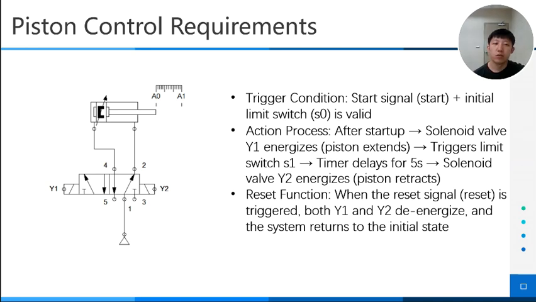When the piston touches limit switch S1, the timer waits for 5 seconds. Then solenoid valve Y2 turns on and the piston retracts. Finally, the reset function: when we press reset, both Y1 and Y2 turn off and the system goes back to the first state.